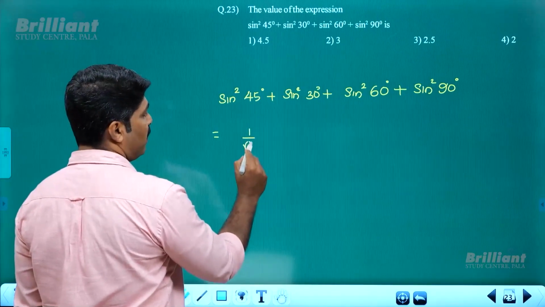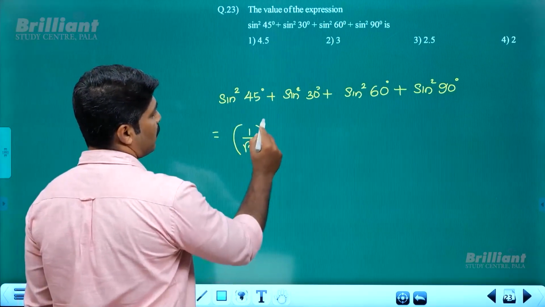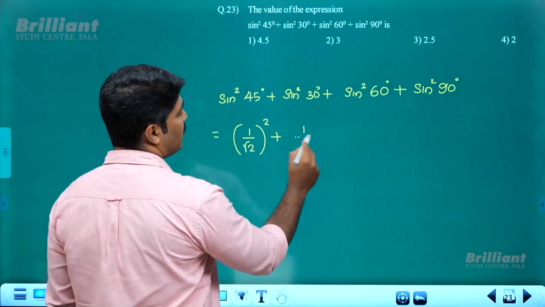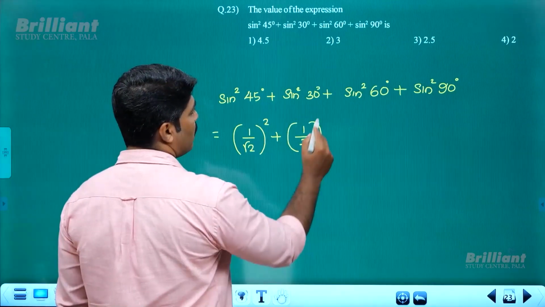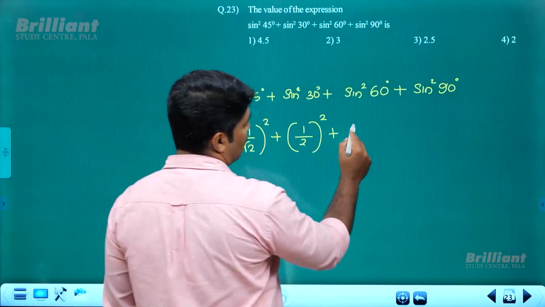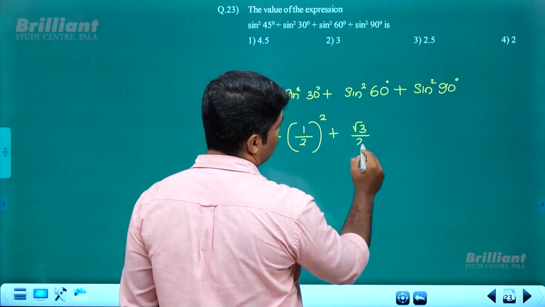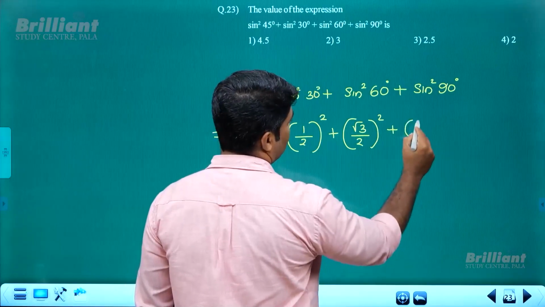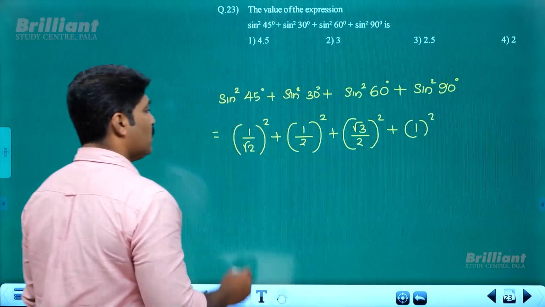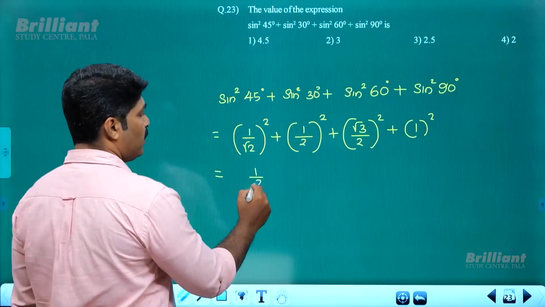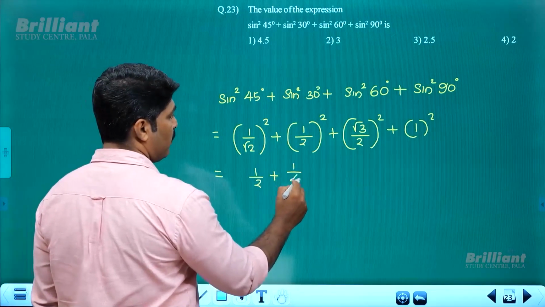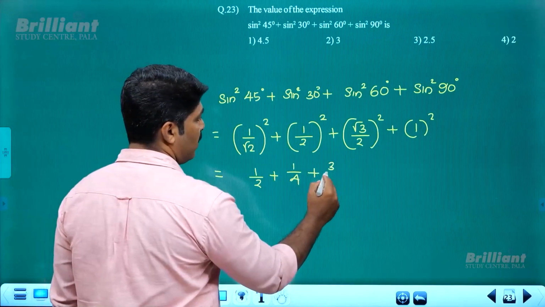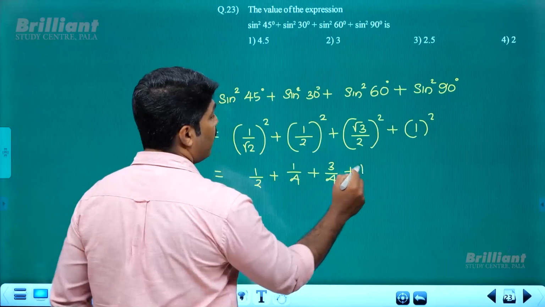The sine 45 is 1 by root 2 the whole square, and sine 30 that is 1 by 2 the whole square, sine 60 that is root 3 by 2 the whole square, and sine 90 that is 1 the whole square. So just simplifying this one, this is 1 by 2, this is 1 by 4, this is 3 by 4, and finally 1.